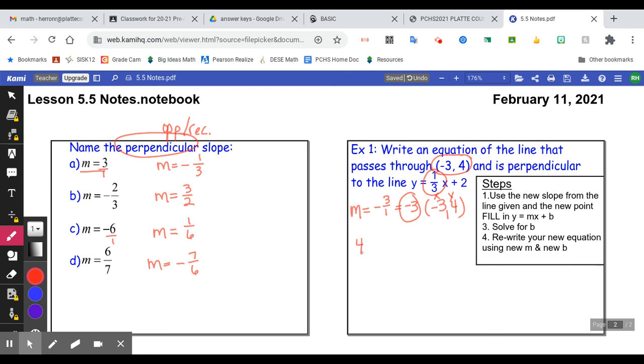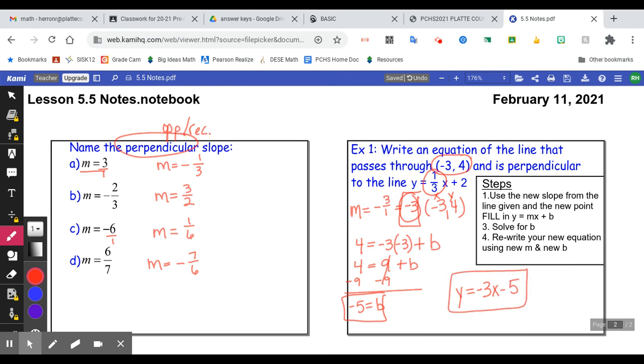So let's plug it in. 4 equals negative 3 times negative 3 plus b. 4 equals 9 plus b. 9 is positive, so I subtract. 4 minus 9 is negative 5. Here's my m, here's my b. Let's write an equation. Y equals negative 3x minus 5.